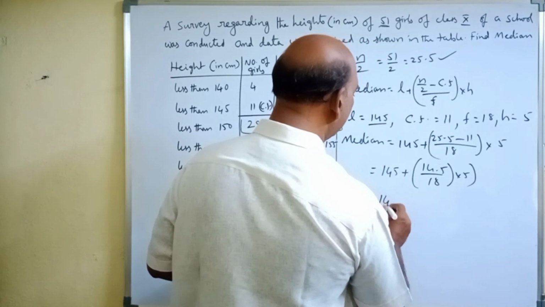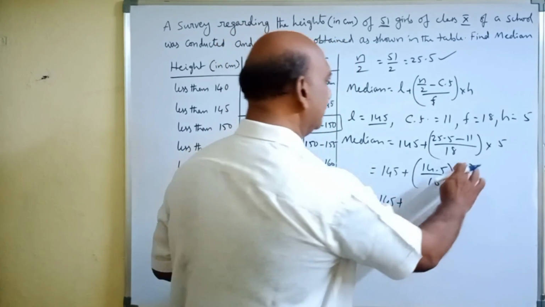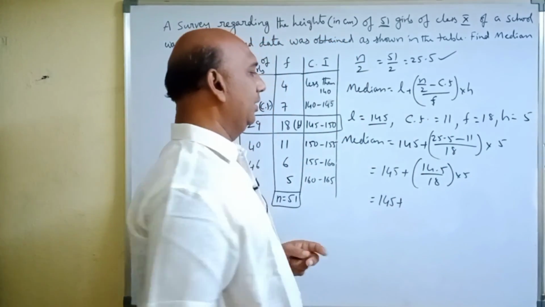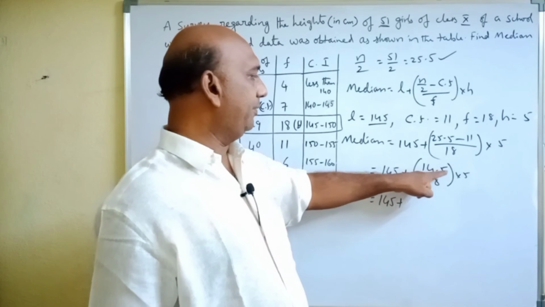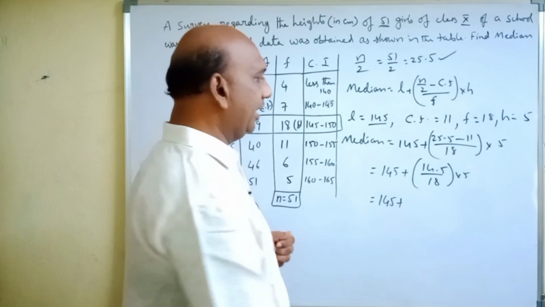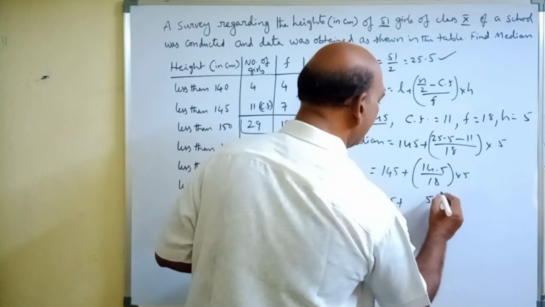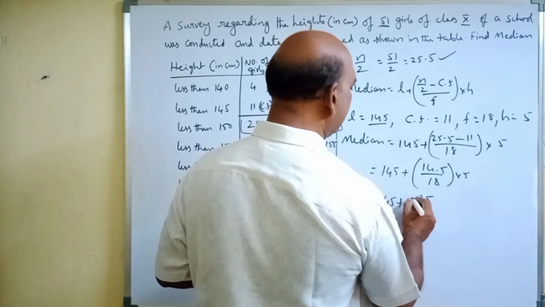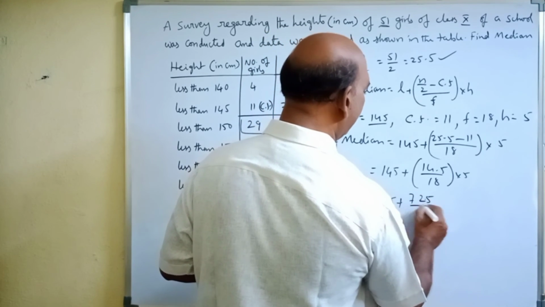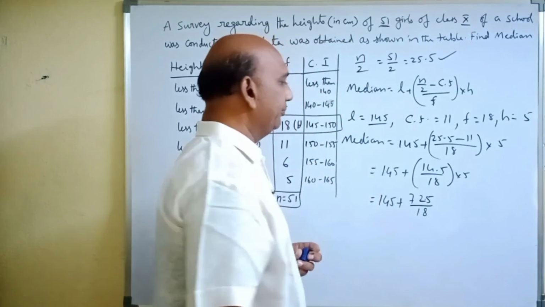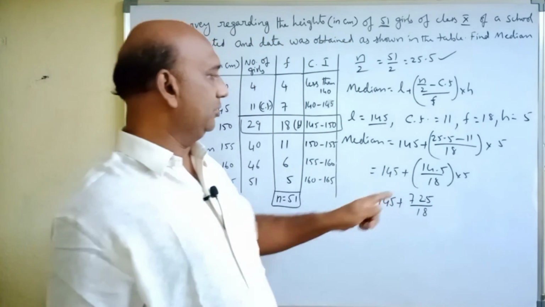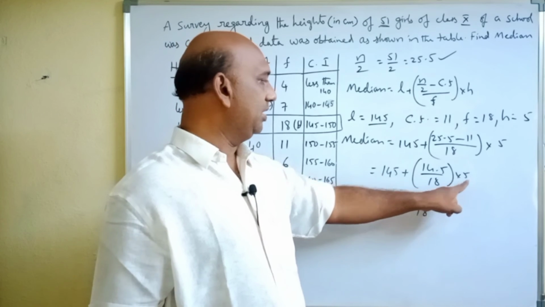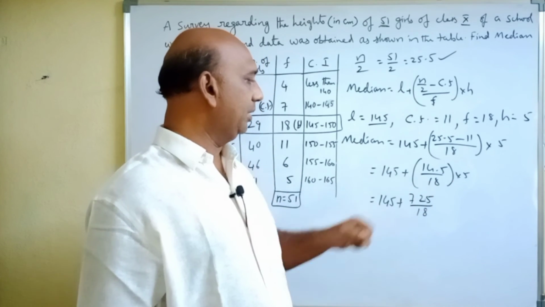So this is equal to 145 plus, multiply this 14.5 by 5. We will get 5 fives are 25, 5 fours are 20 plus 2 is 22, 5 ones are 5, 6, 7, 72.5 by 18. So 14.5 into 5 is 72.5 divided by 18.